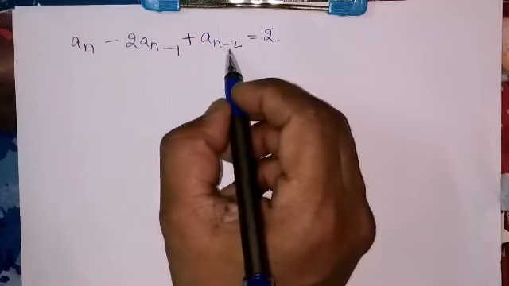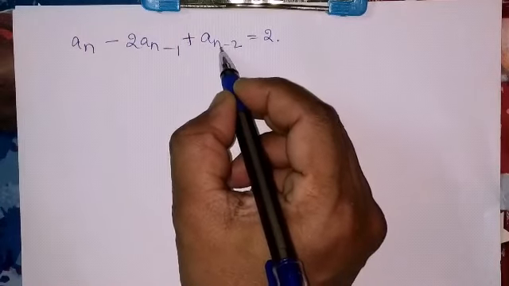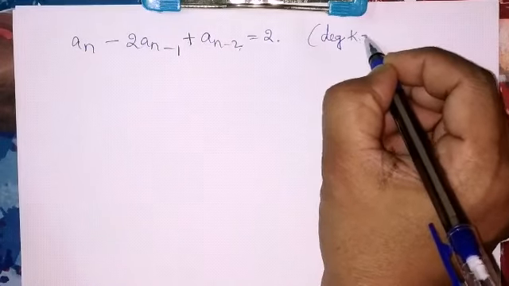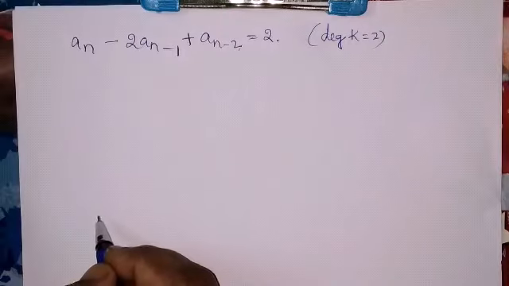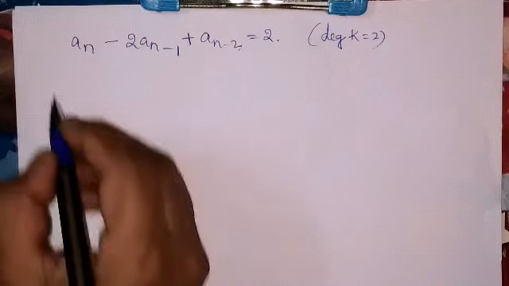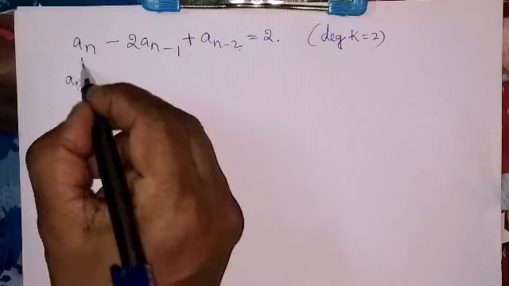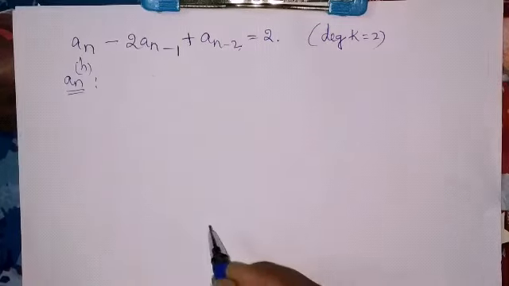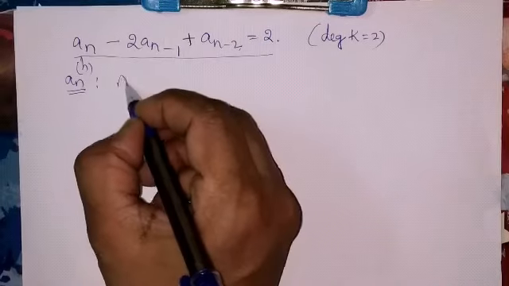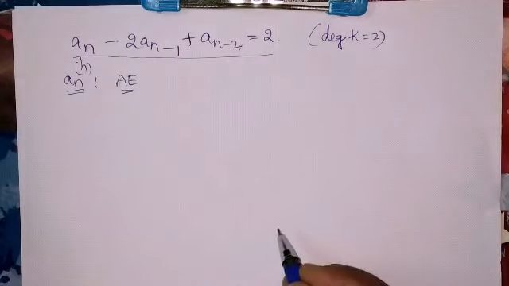Clearly we can say, because the least suffix is n minus 2, the order of the equation is k equal to 2. In order to have the homogeneous part of the solution, as the equation is non-homogeneous, we first write the auxiliary equation.